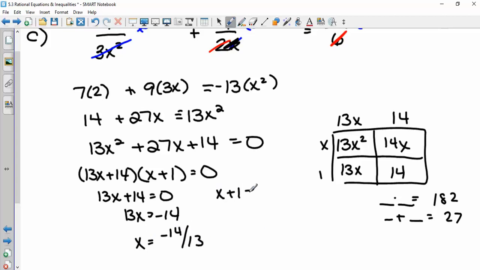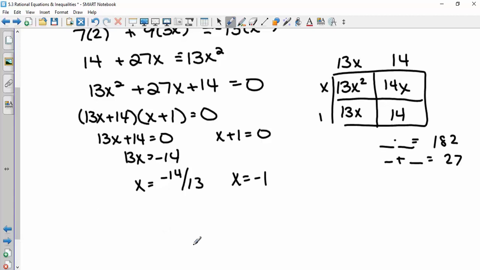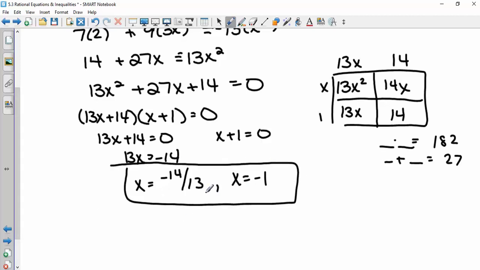And x plus 1 equals 0. We get -1. Make sure, what was the only thing x could not be? 0. So both of these answers work. Any questions there?